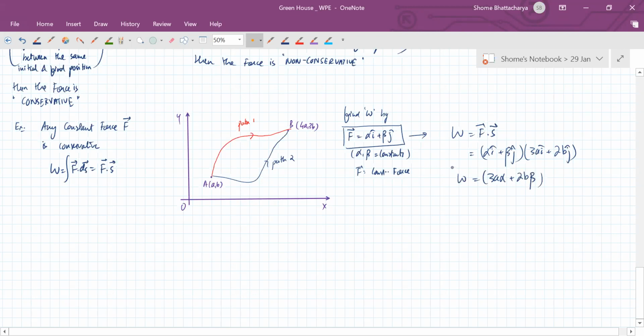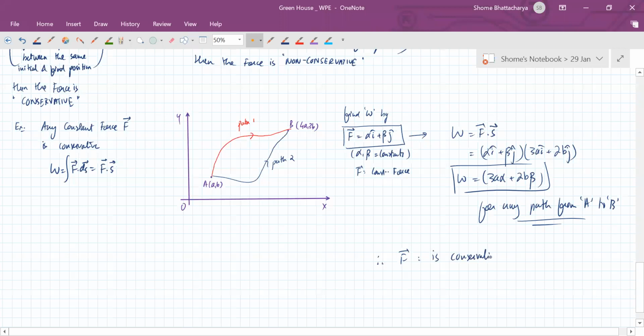It will be the same for any path from A to B. You can see it will be the same. So that is showing that the force is conservative, because in this case it's a constant force.